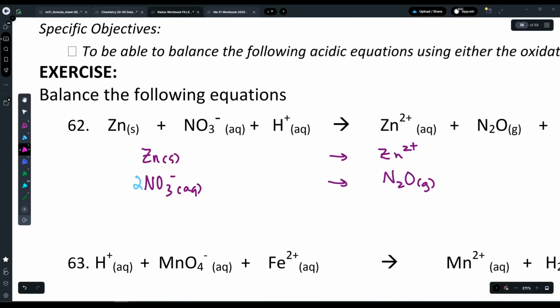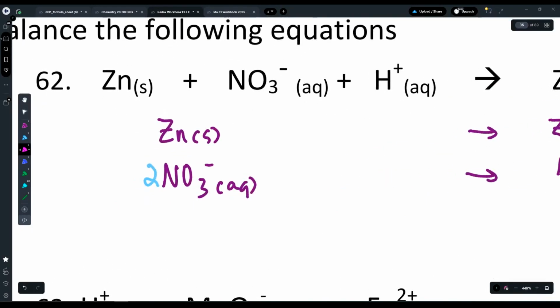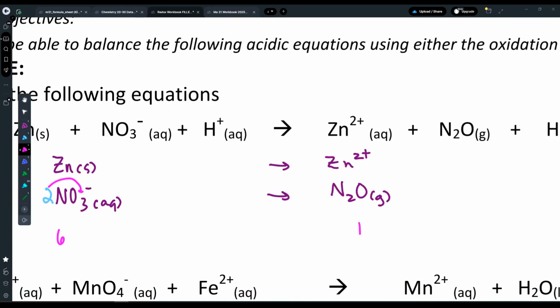But for the second reaction, I've got 2 times 3 oxygens, so that's 6 oxygens, and I've got 1 oxygen on the product side. So I need to add water to the side that has the least amount of oxygen, so I'm going to go plus over here, so I need 5 waters. So now I have 6 oxygens on both sides.